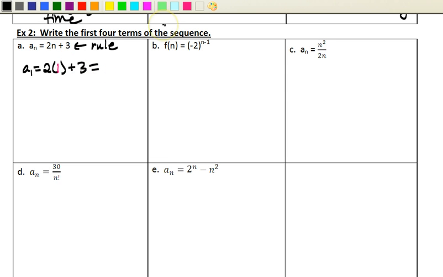So 2 times 1 is 2, plus 3 is 5. I don't have to say term 1 equals, because I can use mathematical notation for that. A sub 1 means term 1, a sub 2 means term 2. So that's 4 plus 3, which is 7, and then I'm going to keep going.